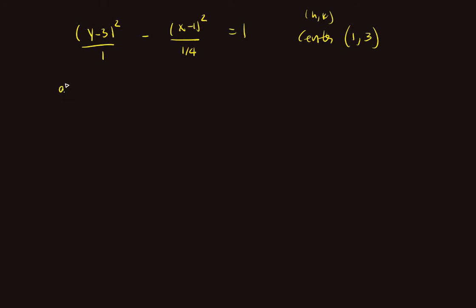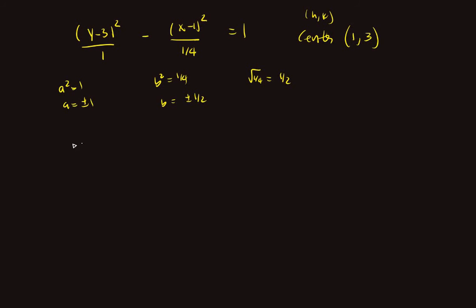Let's look at a squared. A squared is equal to 1, so a is equal to plus or minus 1. That's perfect. Good. B squared is equal to 1/4, so b is equal to plus or minus 1/2, because the square root of 1/4 is 1/2. Check it, guys, just in case. Now we have a, we have b.